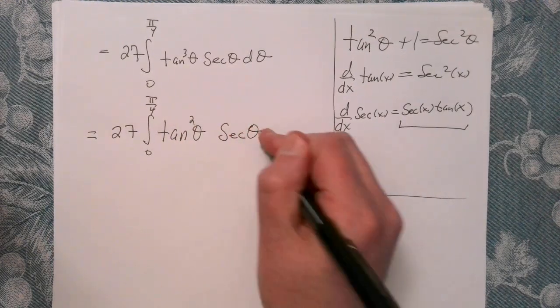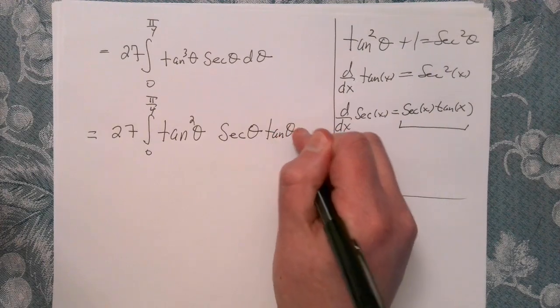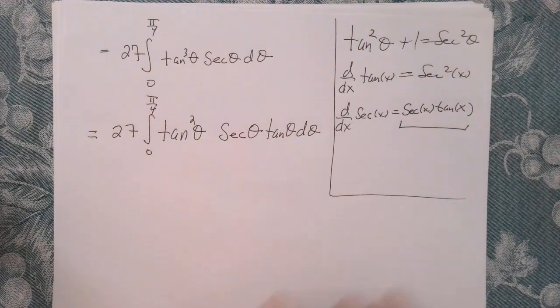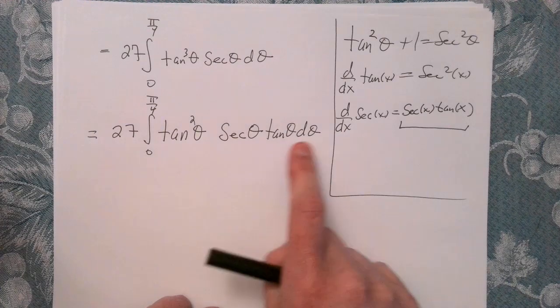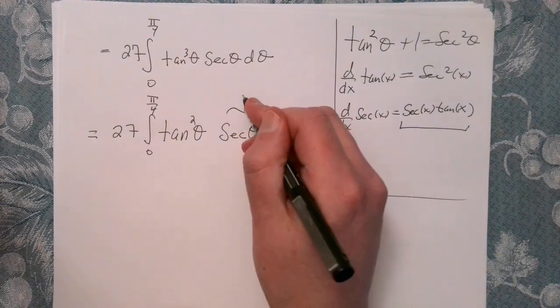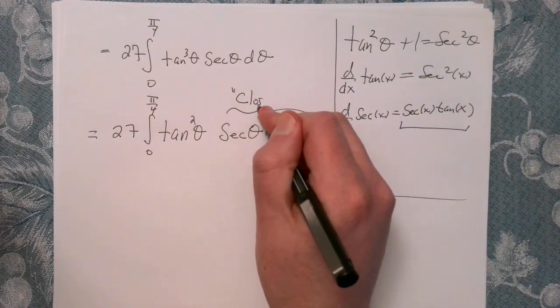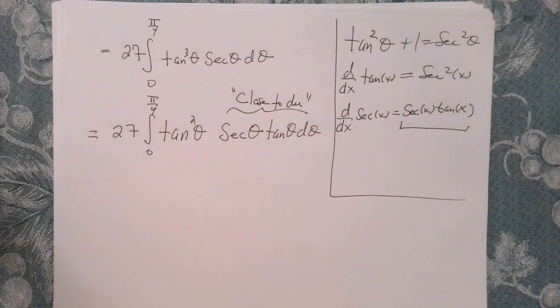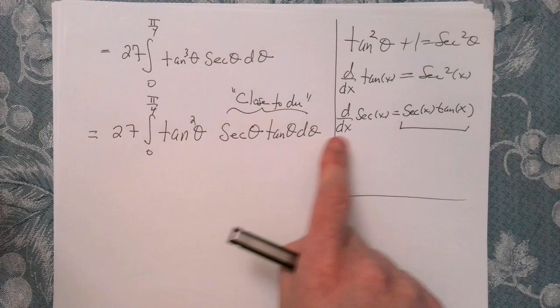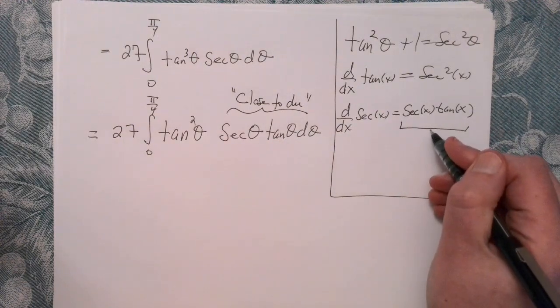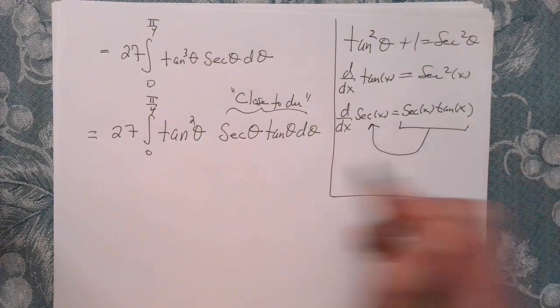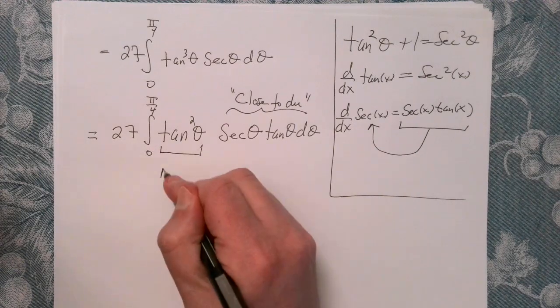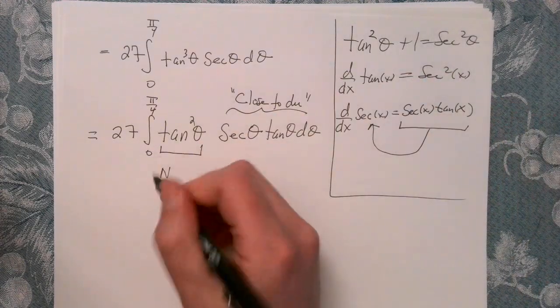Here's a secant theta, tangent theta, d theta. If that's my move, that should look close to du. So again, I'm thinking about setting myself up for a substitution. And if my du looks like this, then my u needs to look like this. So this needs to be written in terms of secants, and that helps me do that.